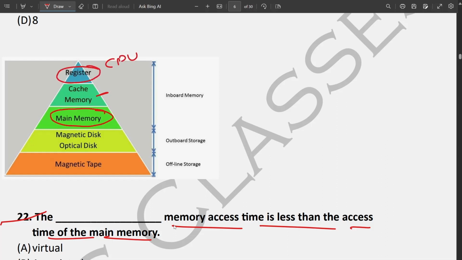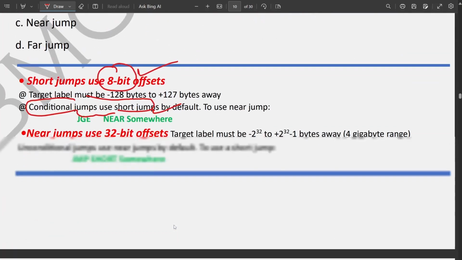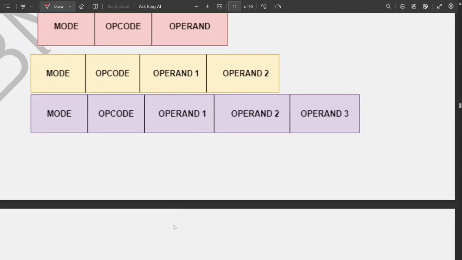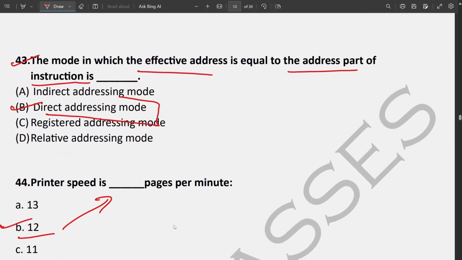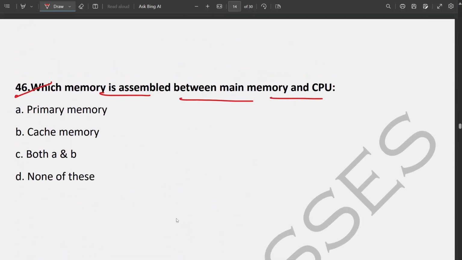This is CPU and this is main memory. So the answer will be cache. Option number B is correct. Cache memory is assembled between main memory and CPU.